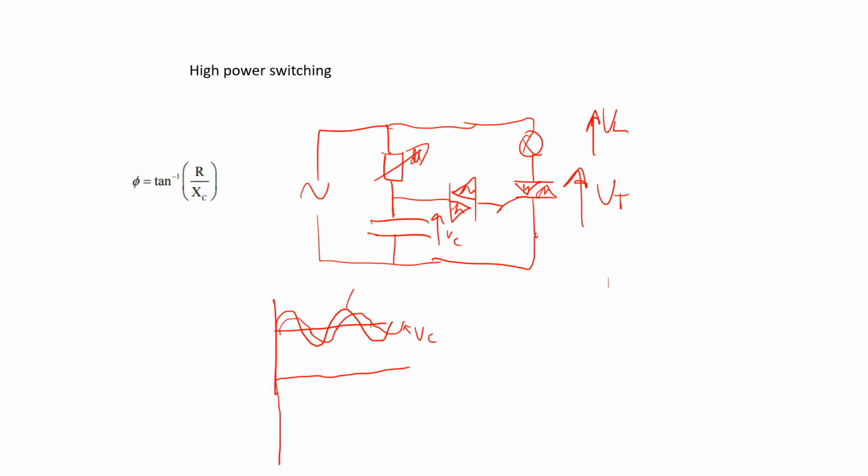This one's obviously the supply, VS. And then we know that's the firing voltage and that's the negative firing voltage. We know when we go past the firing voltage, the thyristor turns on. So it looks something like that: down, round, and then up to the negative firing voltage, and then like that.